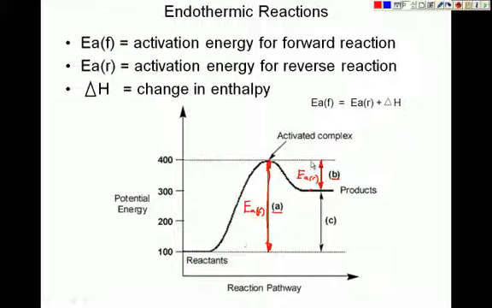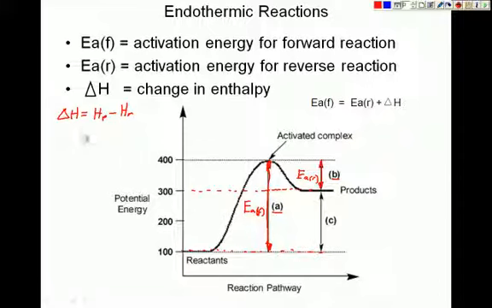Now, delta H, as we know, is given by this formula: our H of the products minus our H of the reactants. So our delta H is going to be right here, which is about 300, and our H of the reactants is about 100.